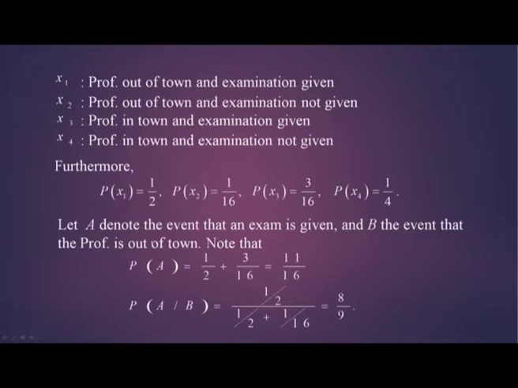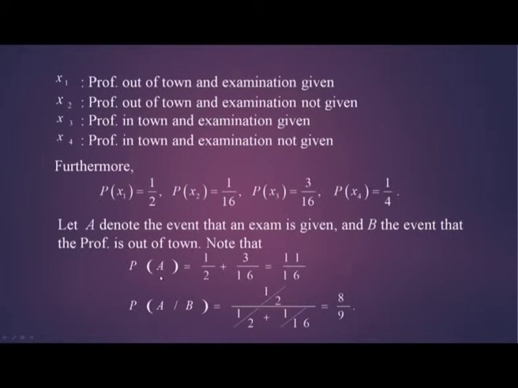Let A denote the event that an exam is given and B the event that the professor is out of town. Note that probability of A is equal to half plus 3 by 16.